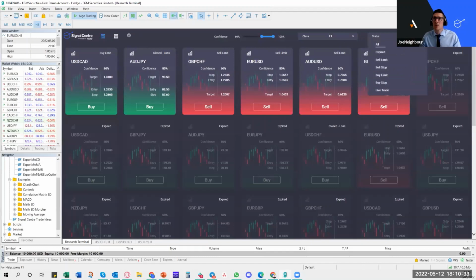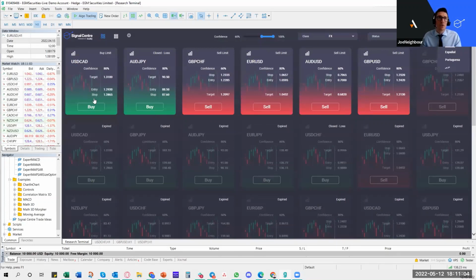We can also look by status as well, so we can see if ideas are expired, if they're live, and everything in between, all the pending orders that we have on the market. And finally, we have a language drop down. We have 17 different languages that we support, so if English isn't native or there are other languages that you'd prefer to see the signals in, then it's very simple to click that drop down and access the signals in different languages.